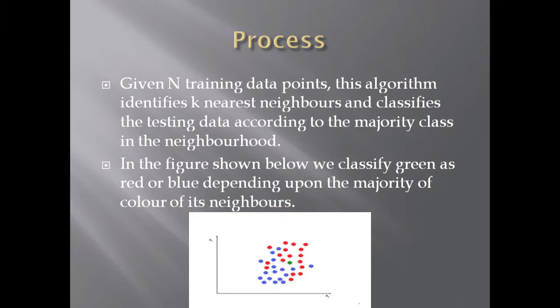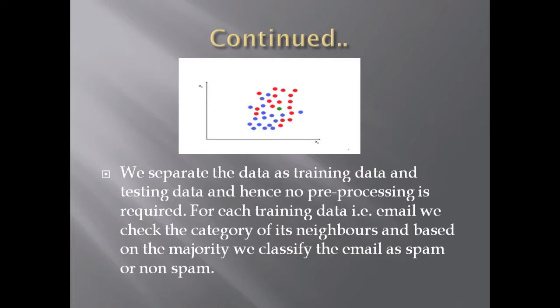So what is the process? Given n training data points, this algorithm identifies the k nearest neighbors and classifies the testing data according to the majority class, as I said. We separate the data as training data and testing data, and hence no pre-processing is required.